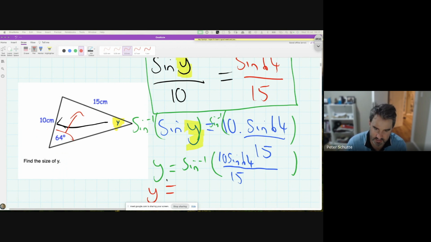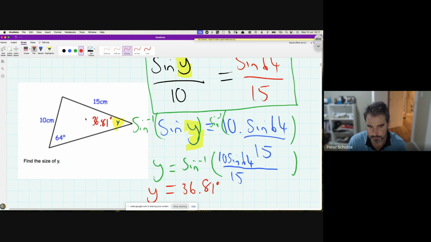And what I get is 36.81 degrees. And what that is telling me, using the sine rule, is that this angle is 36.81 degrees. So I've solved for this angle. Now, I could not have done that if I was using SOHCAHTOA, because SOHCAHTOA depends on a right angle being there.